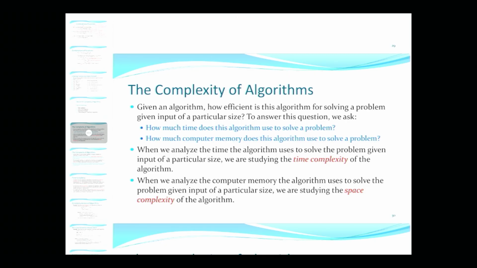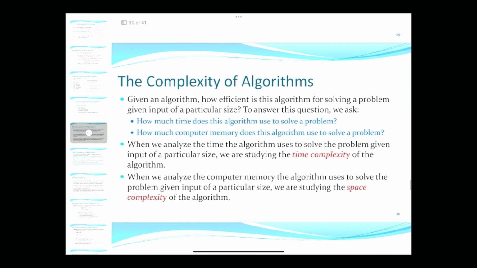We want to find out what the amount of time used to solve the problem is, or what about the memory consumption used there. This is called the time complexity. And another one is the space complexity. Space means memory space in problem solving.